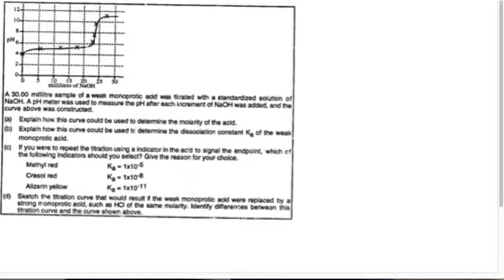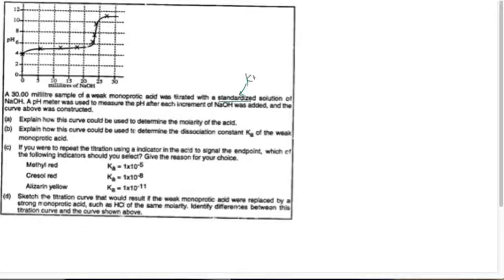A 30 mL sample of a weak monoprotic acid, what's monoprotic? One hydrogen, was titrated with a standardized solution. Does anyone know what standardized means? Anybody? Standardized means the concentration has been verified through some sort of process. It also means we know this concentration.